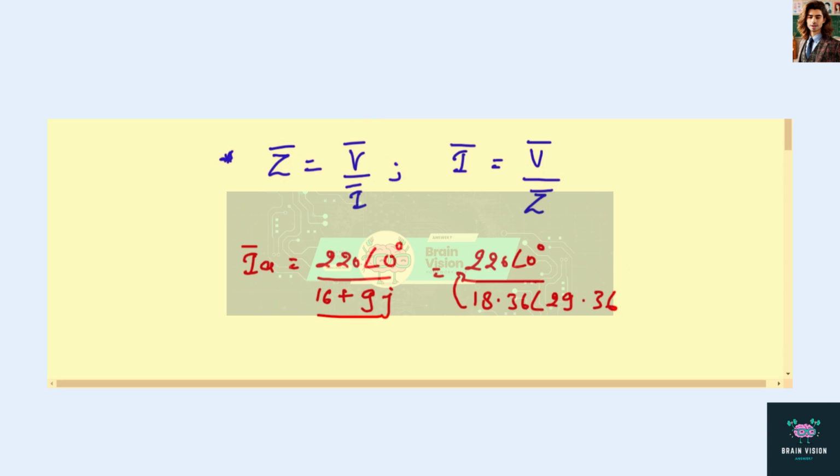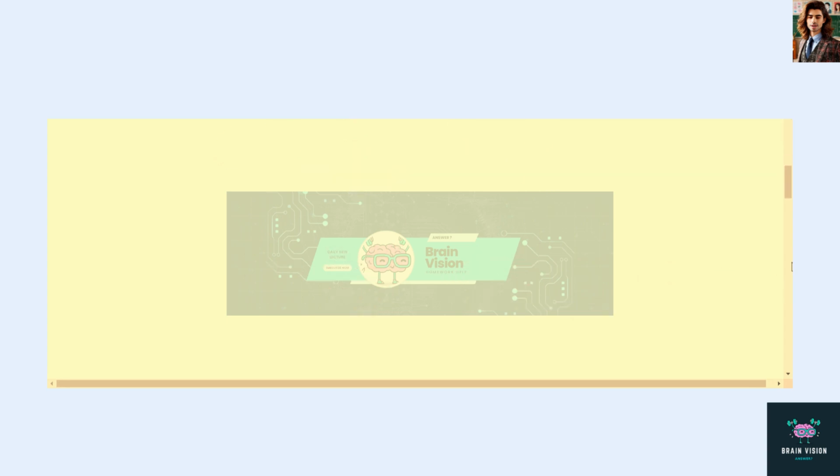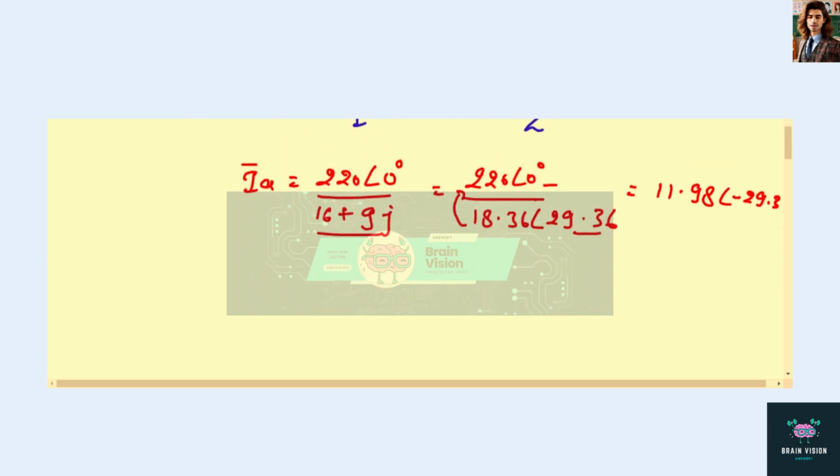You will get the value of IA as 11.98, and you have to subtract the angles, so you will get minus 29.36. I think there is not sufficient space, so I'm writing it again at the bottom.